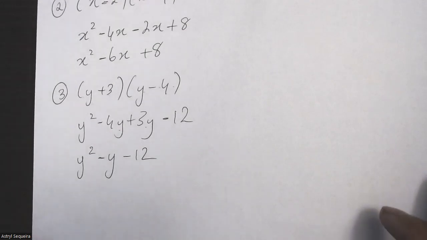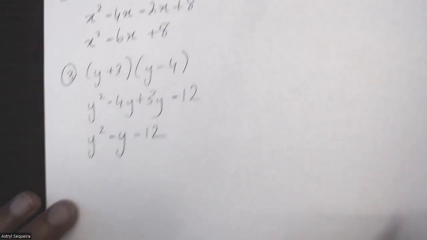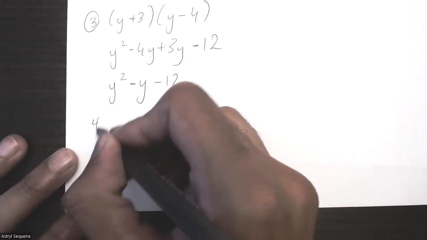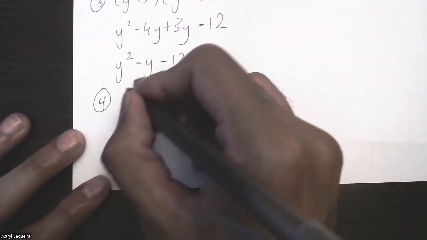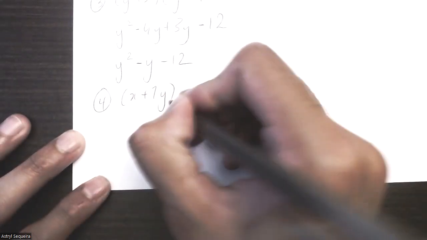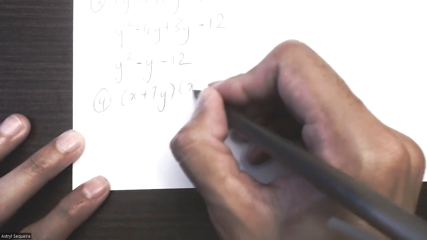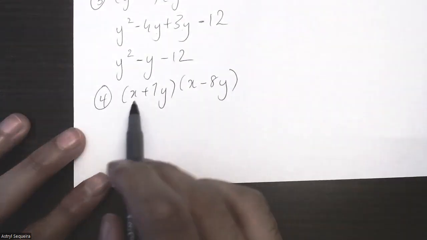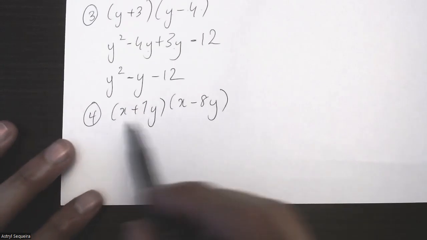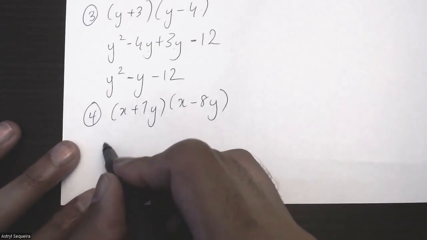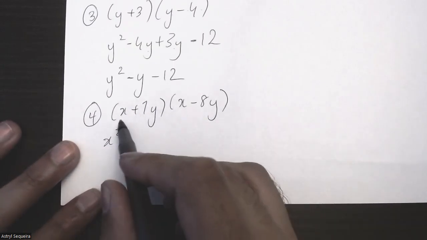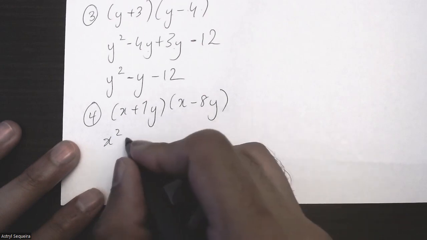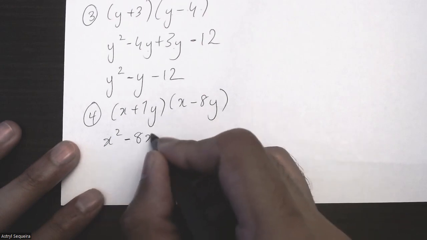And then you can also have multiple letters, for example. So for example, you could have x plus 7y times x minus 8y. So now we have multiple letters over here, but it's the same process. I'm going to do FOIL. So x times x is x squared. X times negative 8y is negative 8xy.